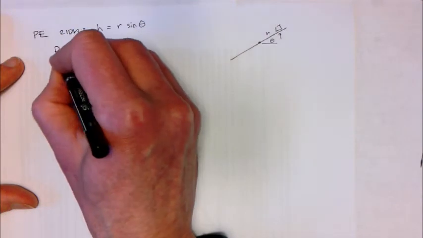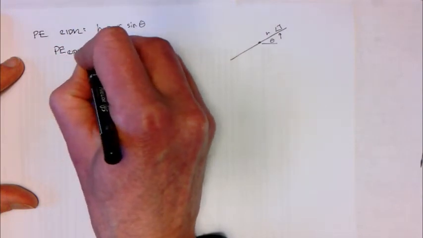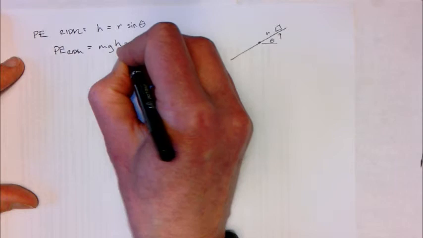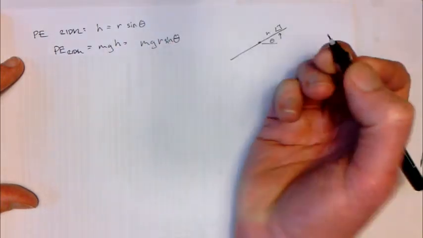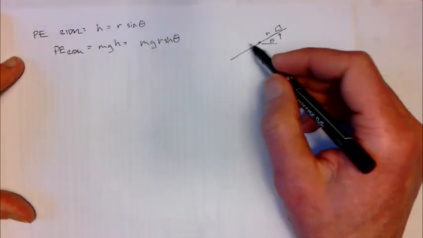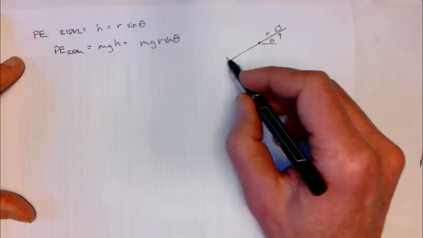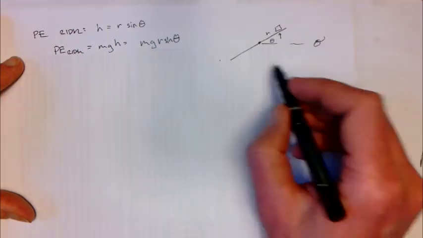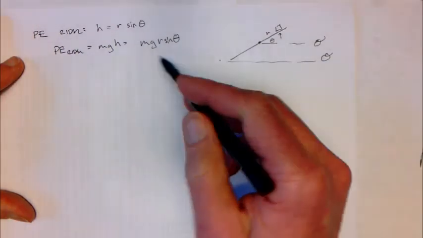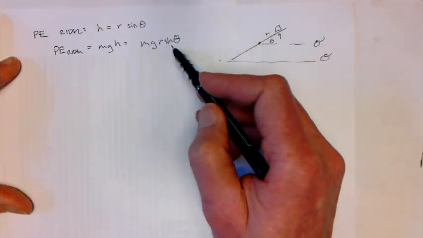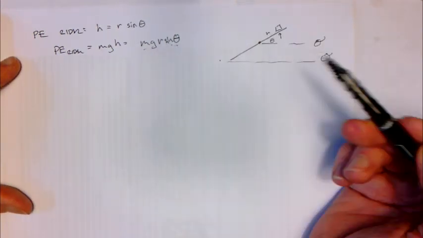So my potential energy for the rider is mgh, or mg r sine theta, and I need to figure out where my origin point is, where my zero level is. So I could define the potential energy as being 0 here, or I could define that as my origin point, or this as my origin point. It's up to me to decide which one I'd like. But in general, the dependence of the potential energy of the rider is going to be this mgr sine theta.